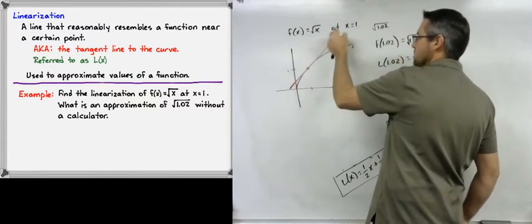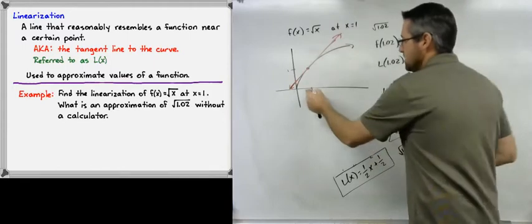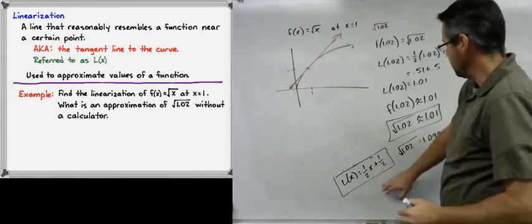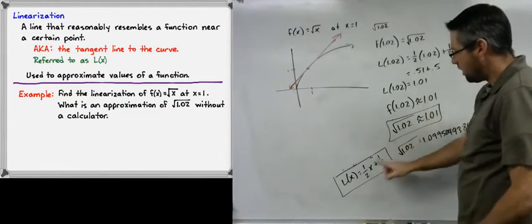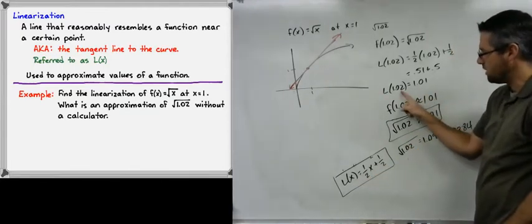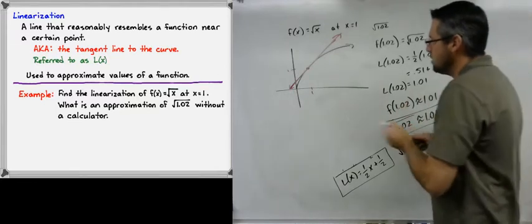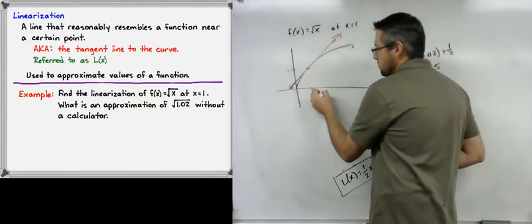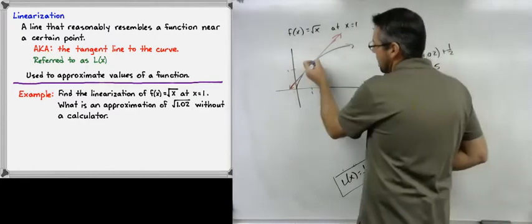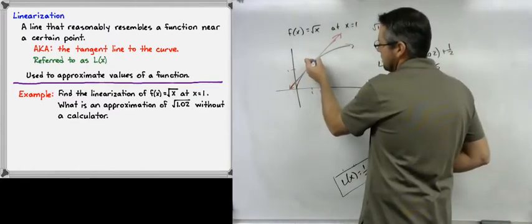That's a little off, but that's okay. Now this is 1. And so we have the tangent line. Then we found the value of the tangent line at 1.02 right here, L of 1.02. So we moved over to 1.02, and we said, okay, the value of the tangent line is here.